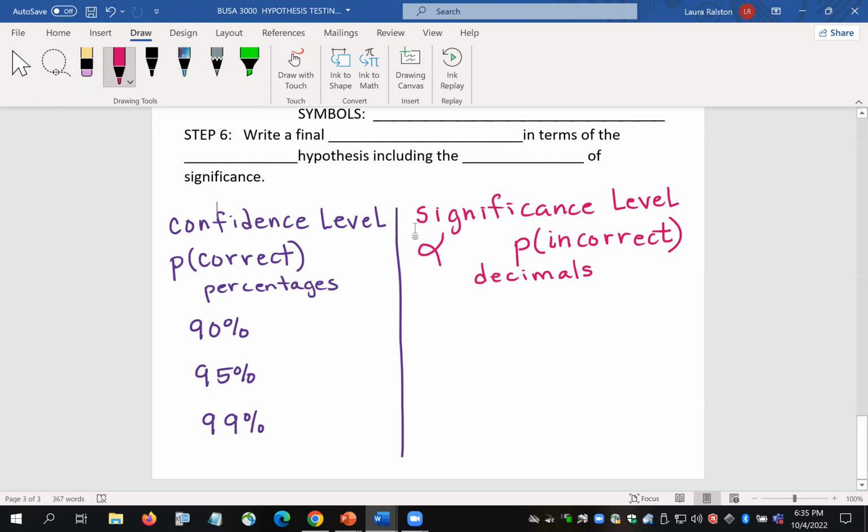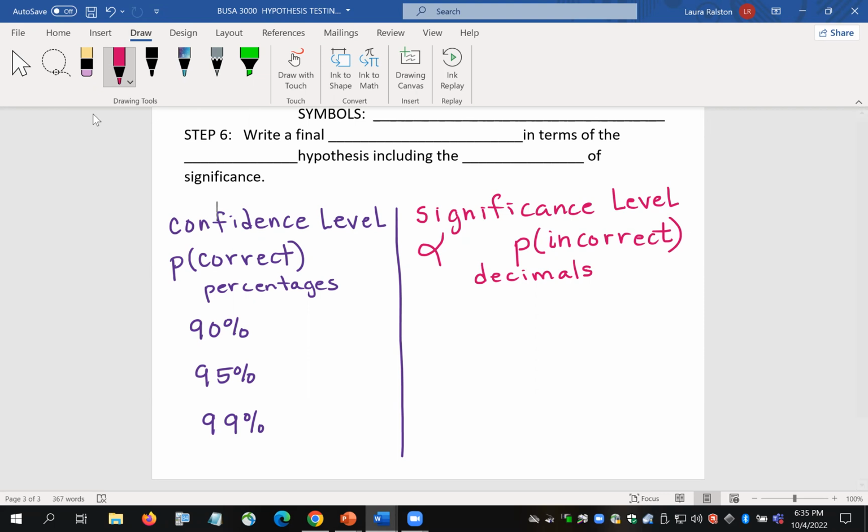Together, the two have to equal 1, because going back to the idea of probability, the probability that you're right plus the probability that you're wrong, those being the two things that could happen, has to total 1 or 100%.